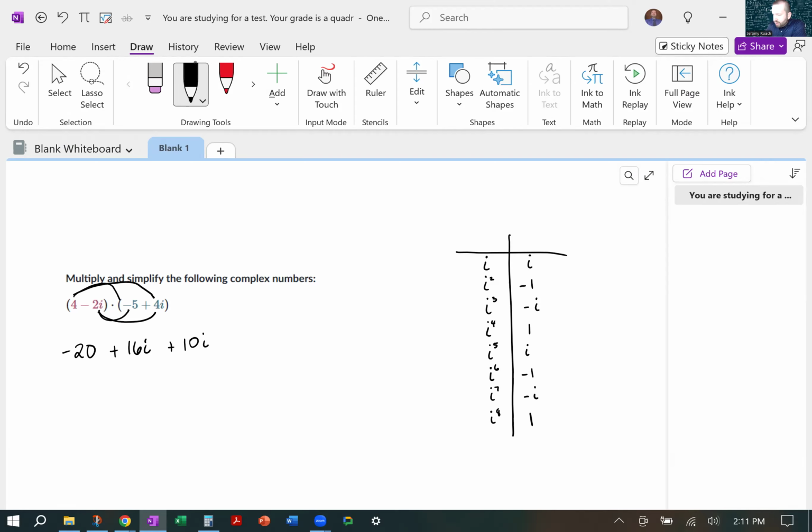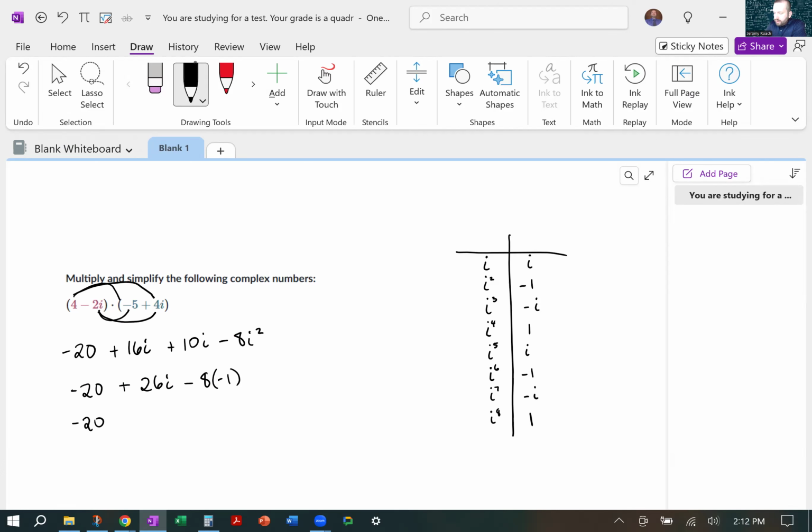And negative 2i times 4i is negative 8i squared. So we can combine these i terms. And the i squared is negative 1, so I'm going to write 8 times negative 1 right there.